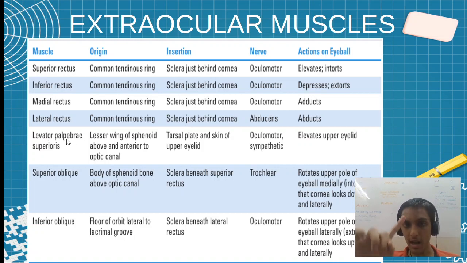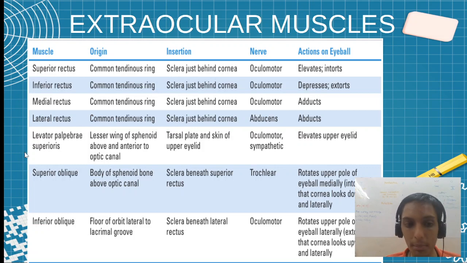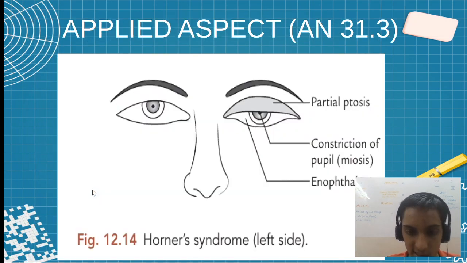Palpebrae, palpebral part of eyelid. Superioris, above. So it elevates the upper eyelid like this. And superior oblique is intorsion. Inferior oblique opposite, that is extorsion. That's all.